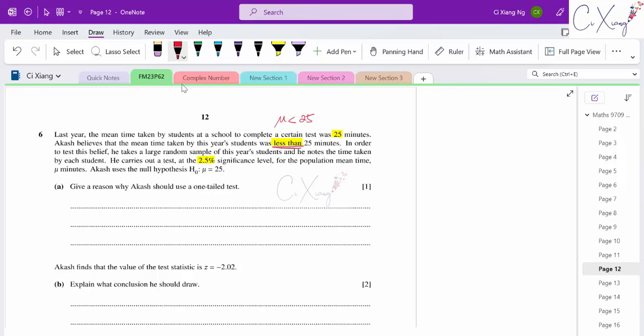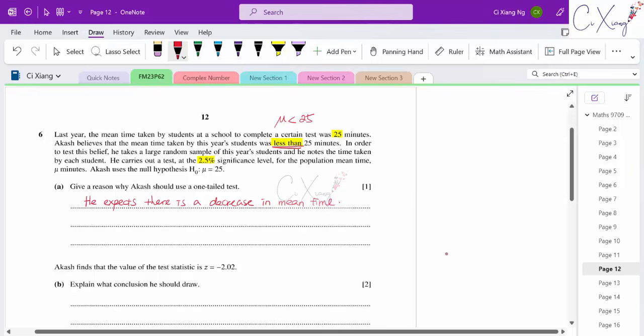Alright, so you can try to tell them that he actually expects a decrease in the mean time, because he expects that the mean time now is less than 25 minutes, right? So he expects there's a decrease in mean time. Therefore, this is a one-tailed test. Okay, so we proceed to part B.